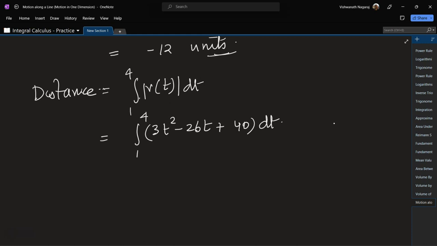And because it may cross the x-axis, let's see what the zeros are. So 3t square minus 26t plus 40 equal to 0.